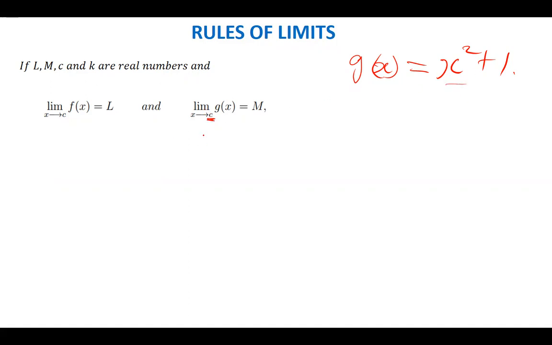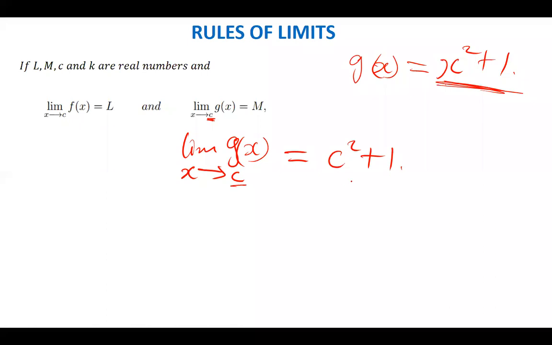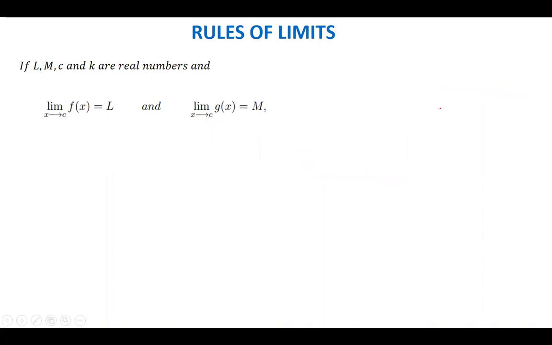So if you've been told to find this when x is approaching a certain constant c, this will just be equal to, while there is x in this expression, you just replace it with c. So you have c squared plus 1. That is what you're going to have as your solution. If this was a number, I would have just replaced that number where there's x, and then you find the solution. Okay, so let's look at the rules.